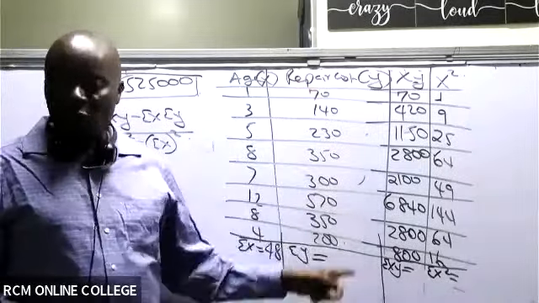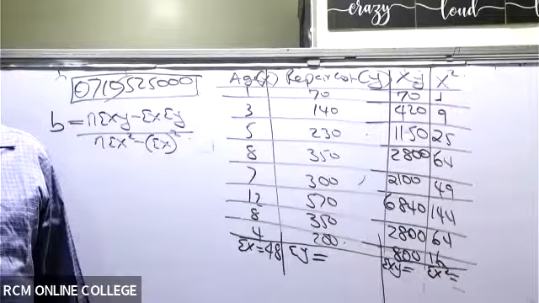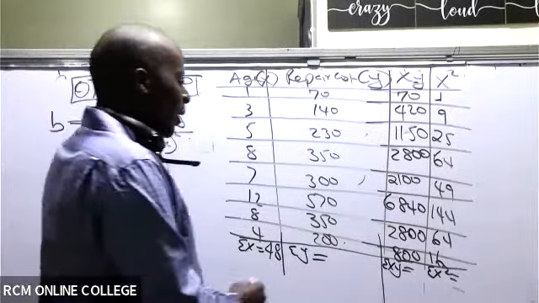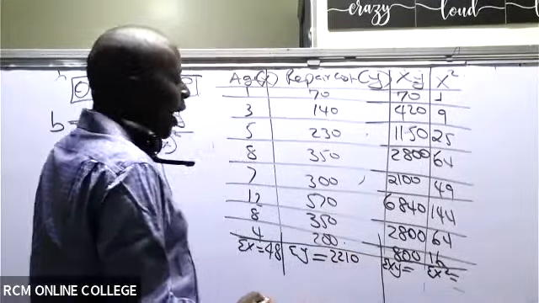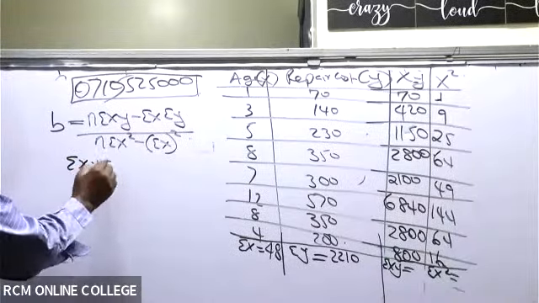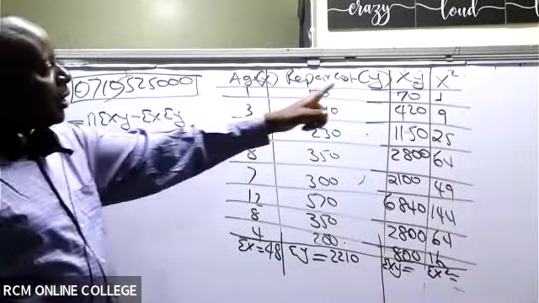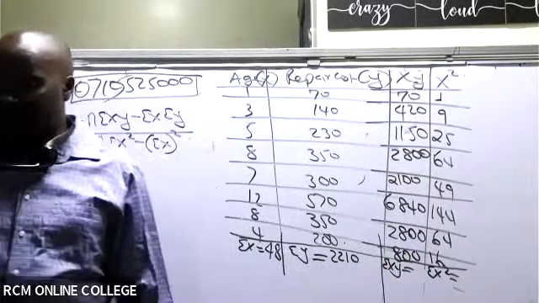How about the summation of y? Do we have anybody who could be having the summation of y? 2210. So this is 2210. How about the summation of xy? Can somebody give me that summation of xy down here? Anybody who could be having this answer?